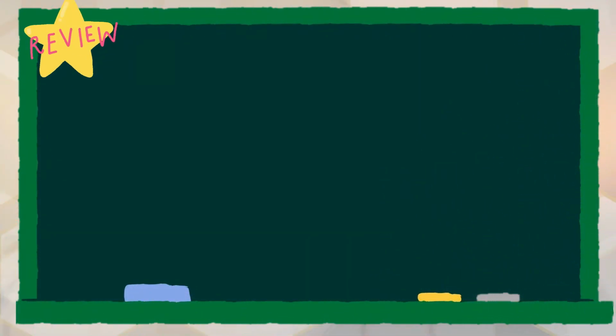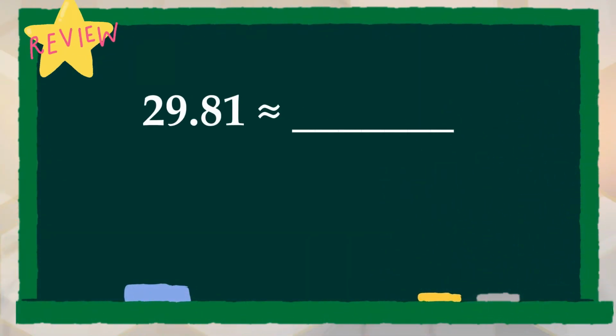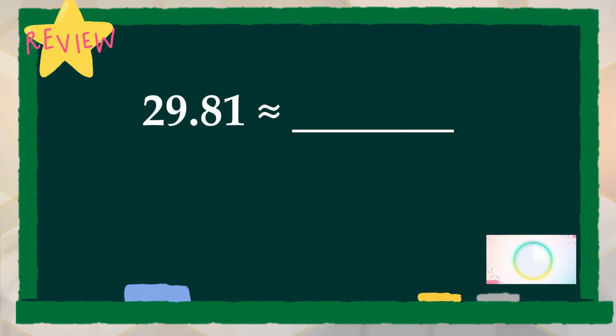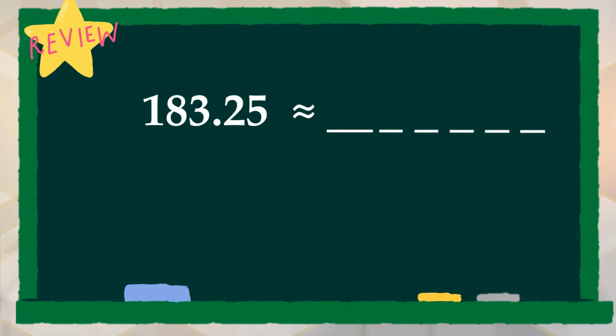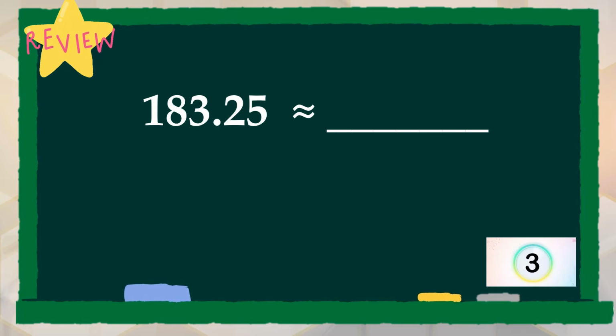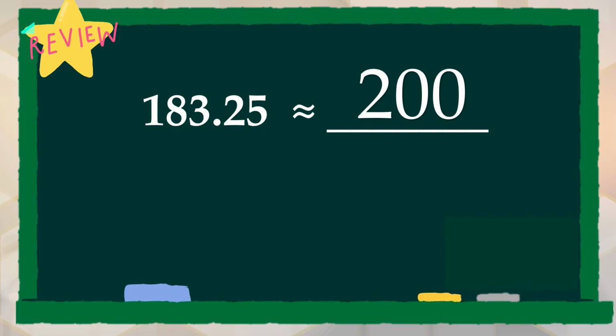To round off the following decimal numbers, 29 and 81/100ths is approximately equal to 30. 183 and 25/100ths is approximately equal to 200.